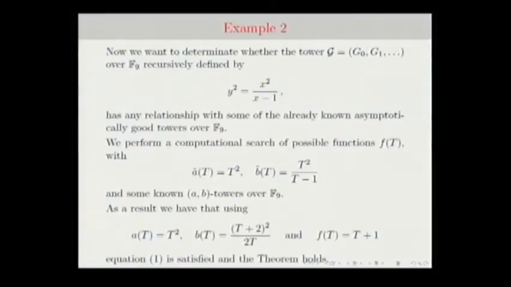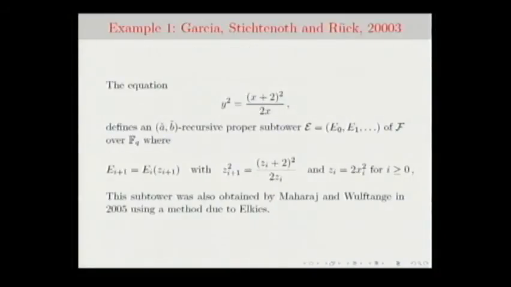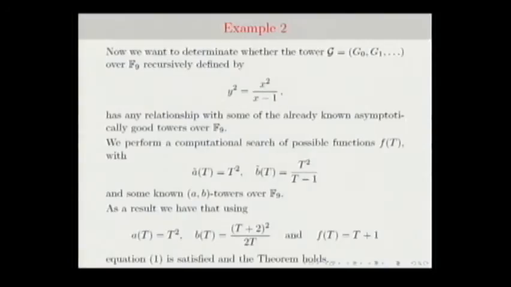If we take this A tilde, B tilde, and this F, T plus 1, then we found that this one is a subtower of the tower in the previous example. And also, of course, it is a subtower of the previous one. So these methods also allowed us to compare different examples to see if they have any relationships or not.